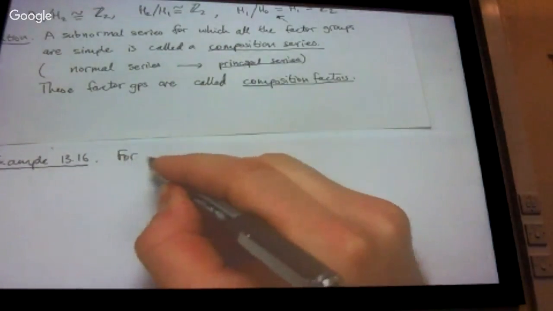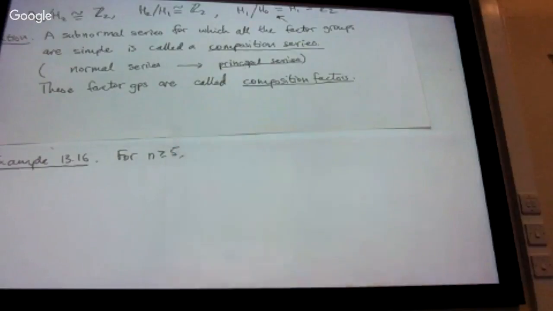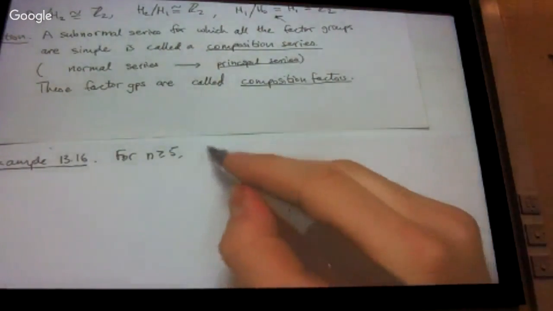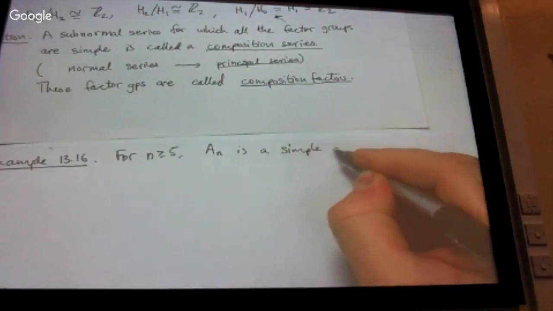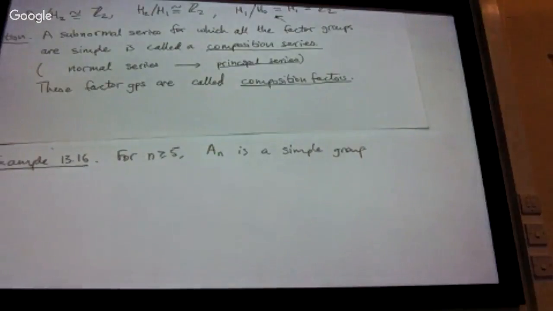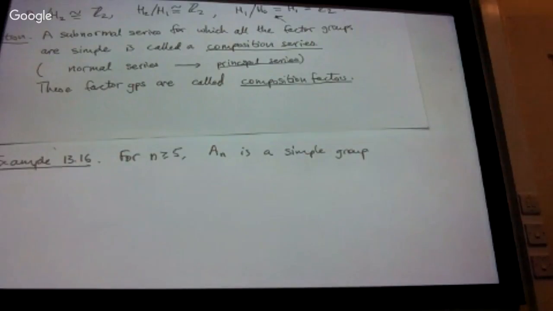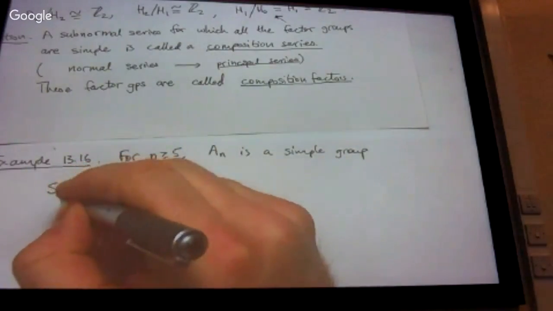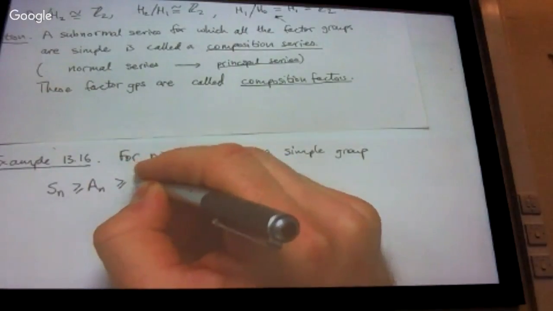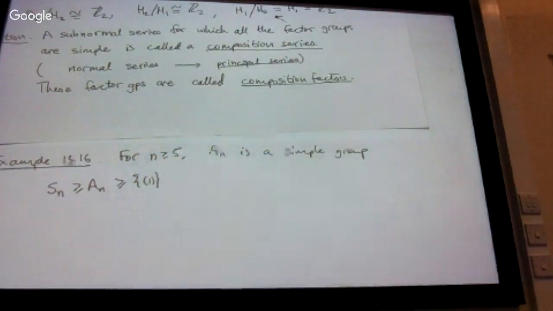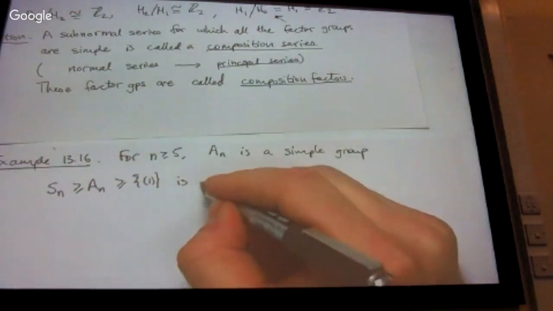Do you remember that we showed that this is a simple group? Yeah. Nice. And then when you take A_n in S_n and just a trivial subgroup in this, this is a composition series.